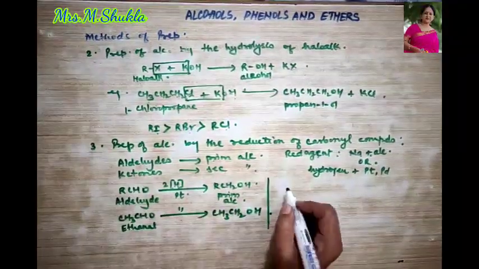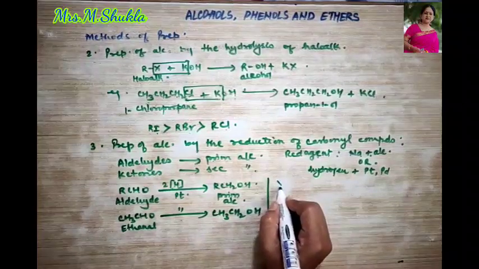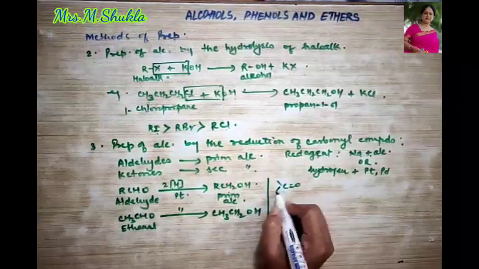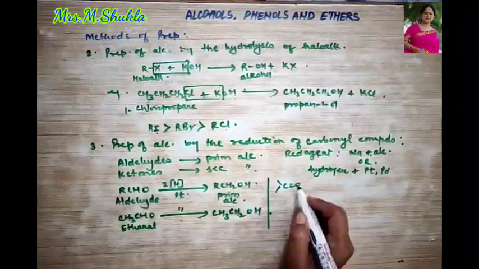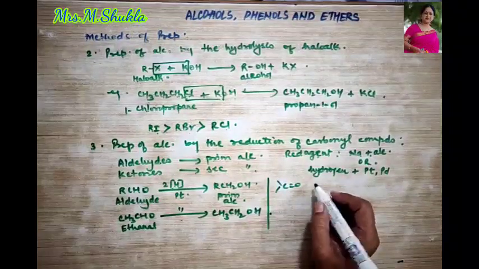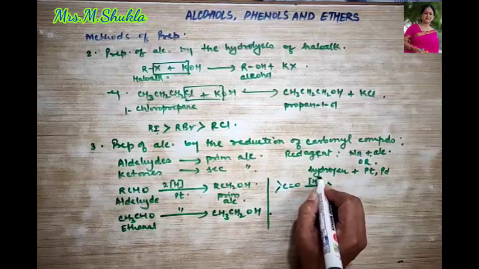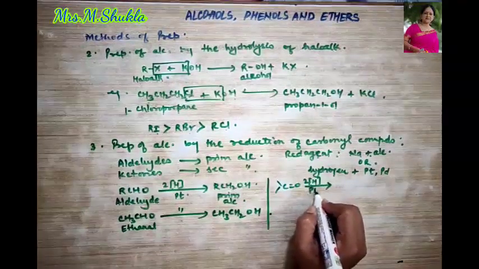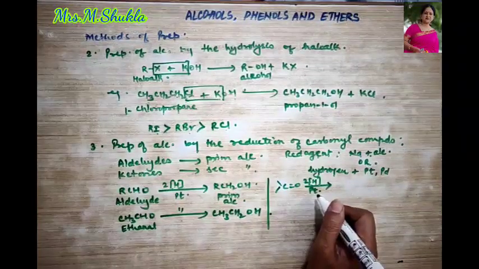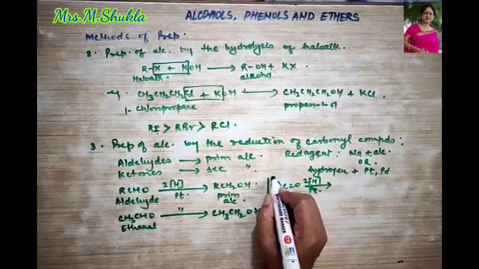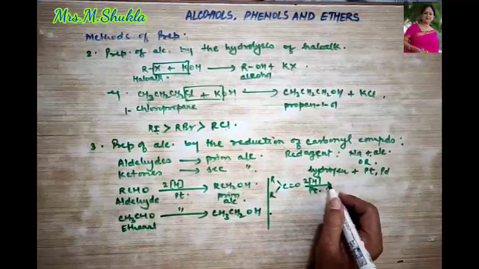Fine. Then let's look at ketone over here. Ketones are going to give us secondary alcohol. How? This is your ketone. I'm just showing you the general formula first. So this is your ketone. When this is treated with hydrogen along with one of the metal catalysts, so what should it give?